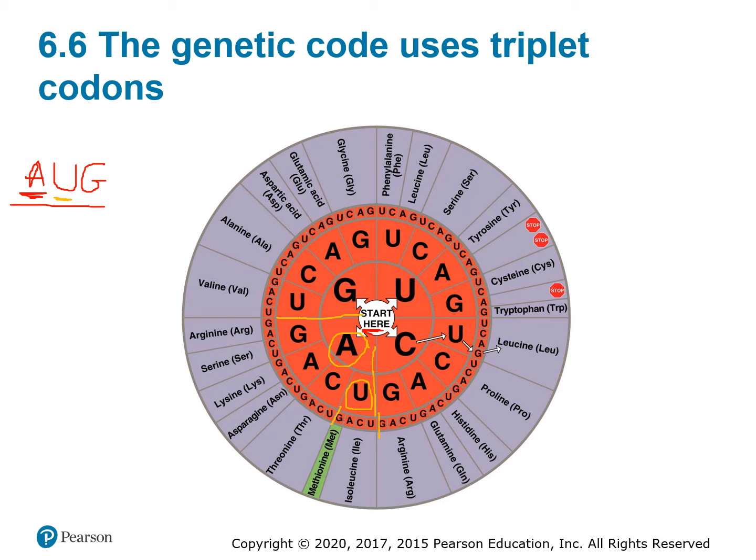So the third is G, and that's right here. So you go A, U, G, and here is the amino acid. It's methionine, okay? Now, it turns out that AUG is actually a special codon because not only is it the amino acid methionine, but it's also called the start codon. It's usually the amino acid that starts a polypeptide.